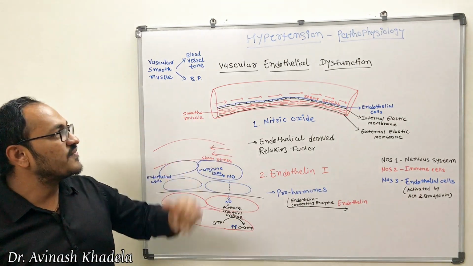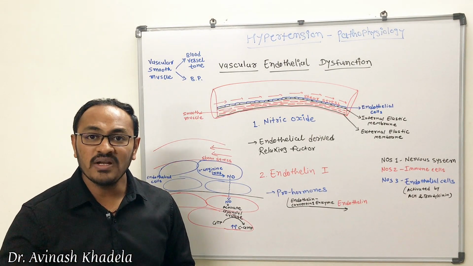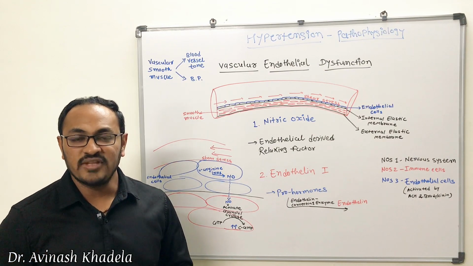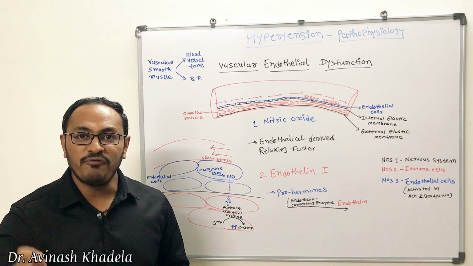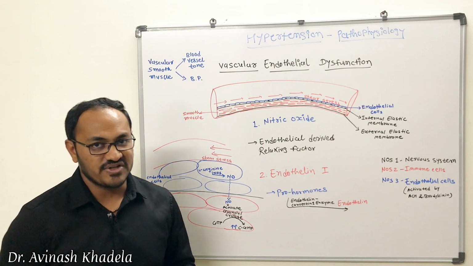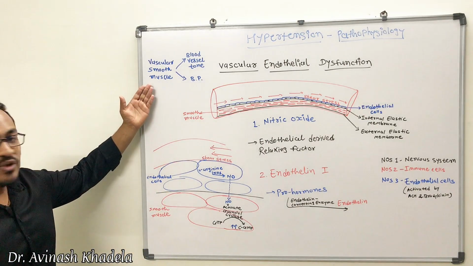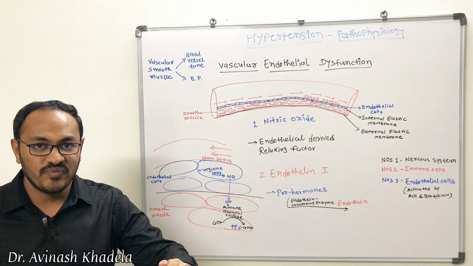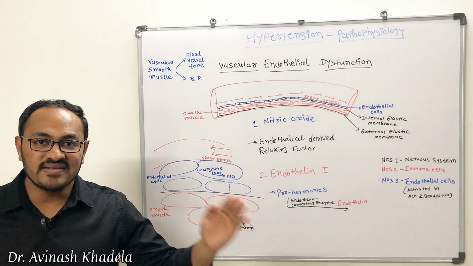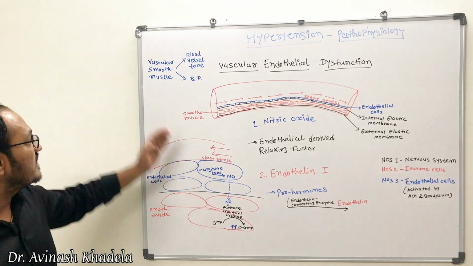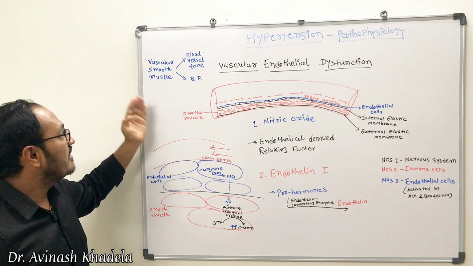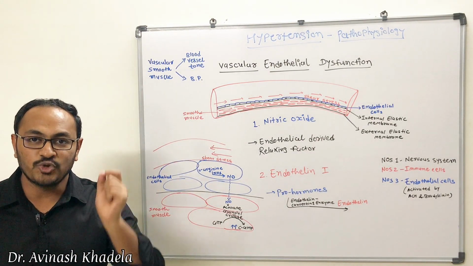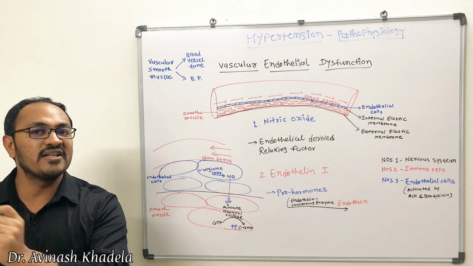So let us first discuss the normal role of vascular endothelium in maintaining vascular tone and blood pressure. Vascular smooth muscle is present in the blood vessel carrying the blood, whether it is an artery or vein. This vascular smooth muscle maintains blood vessel tone and thus maintains the blood pressure.